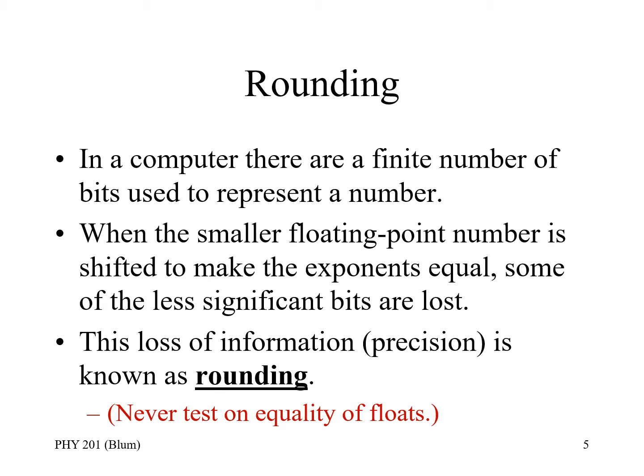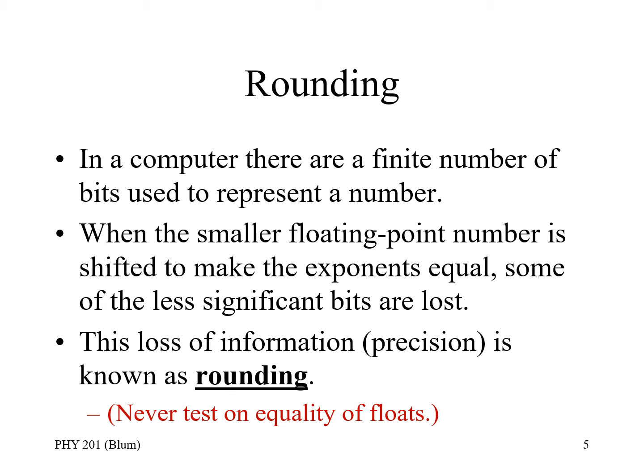So when we take that smaller number and we are shifting it to make the exponents equal, we are losing information on the very low end of the low number. That's why we choose to pick on the low number, because that's the information we want to lose, the low end of the low number. If you're going to lose information, that's the information to lose. But you must realize that you are losing that information, and this is known as rounding.